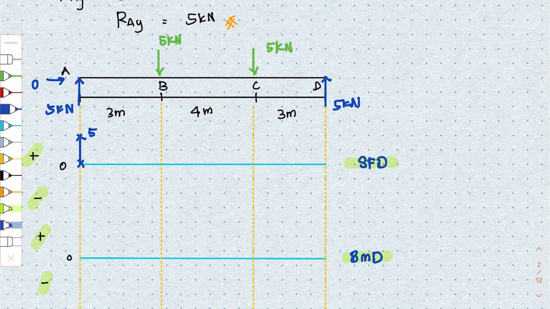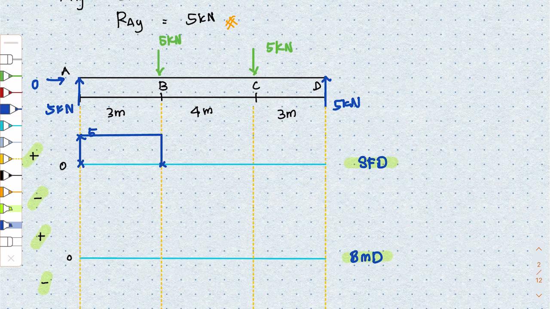For 3 meter, there is no force. Dia akan pergi straight. At point B, there is one loading going down as the value is 5 kilonewton, which means dia turun bawah, kita kena minus. So 5 kilonewton minus 5. Dia akan get back to 0.